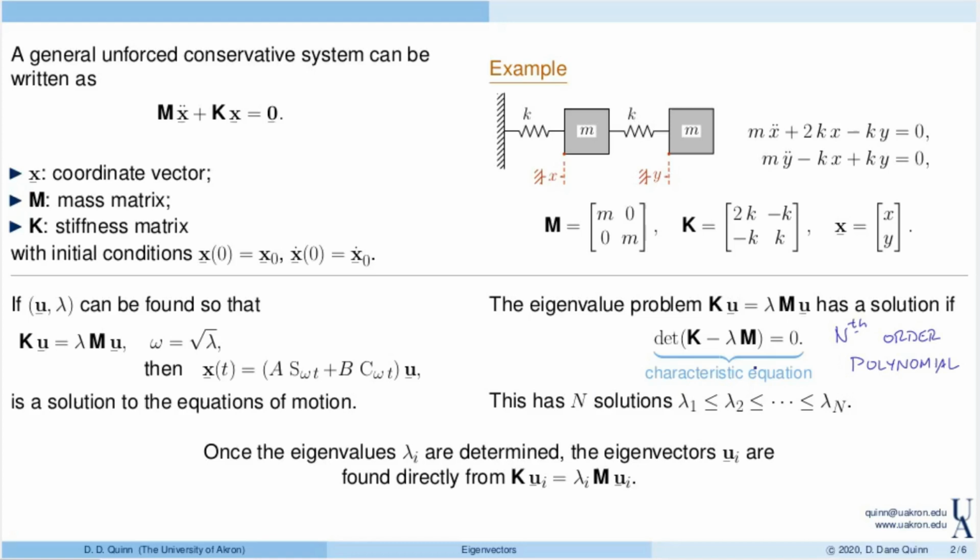So we have a bunch of different solutions, and we can form solutions for the original vibration system from these eigensolutions. So once the eigenvalues are determined, we can then go back to the eigenvalue problem and determine u directly. Right, so today I want to talk a little bit about some of the properties of u, the eigenvectors.